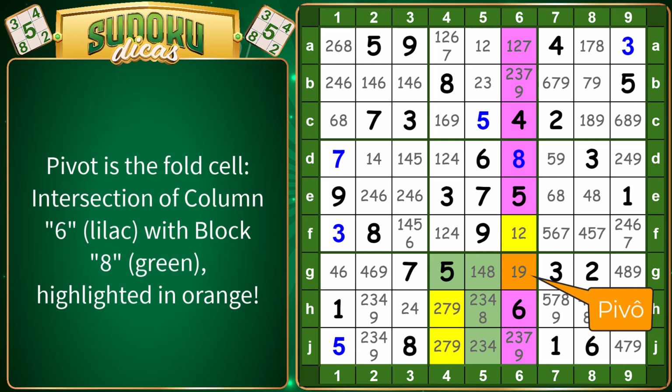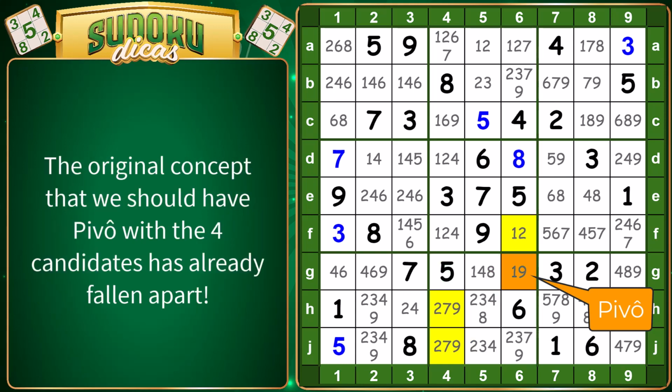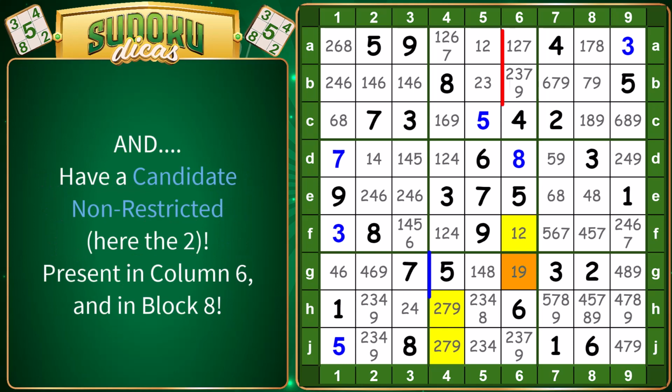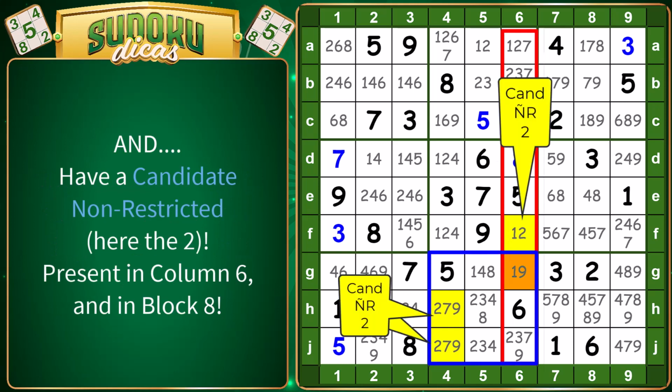Highlighted in orange. The original concept that we should have pivot with the 4 candidates has already fallen apart. The important thing is to have 4 candidates disputing 4 cells in 2 units, and have a non-restricted candidate. Here the 2 present in column 6 and in block 8.